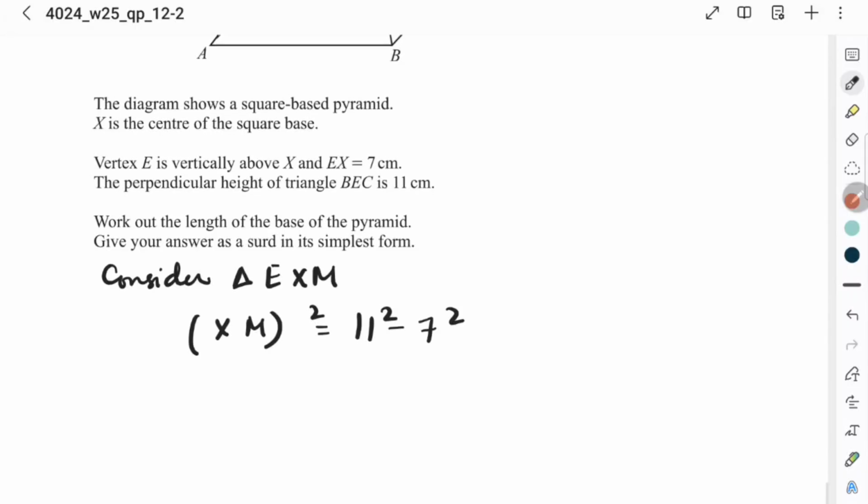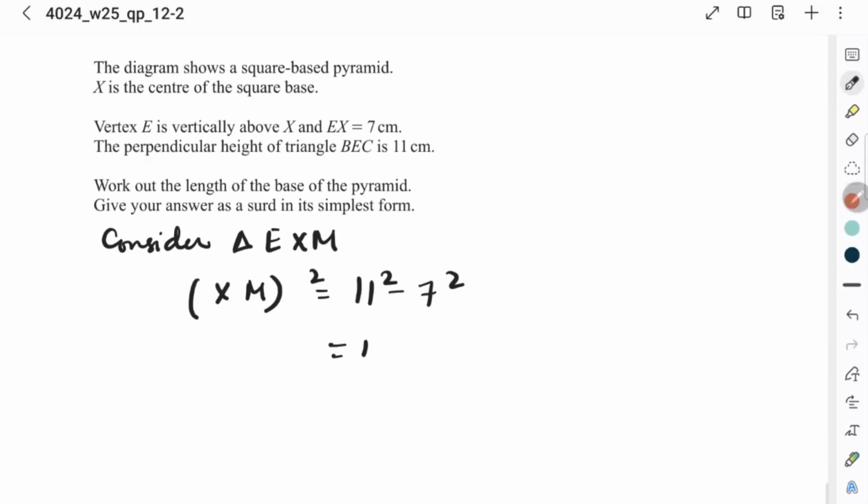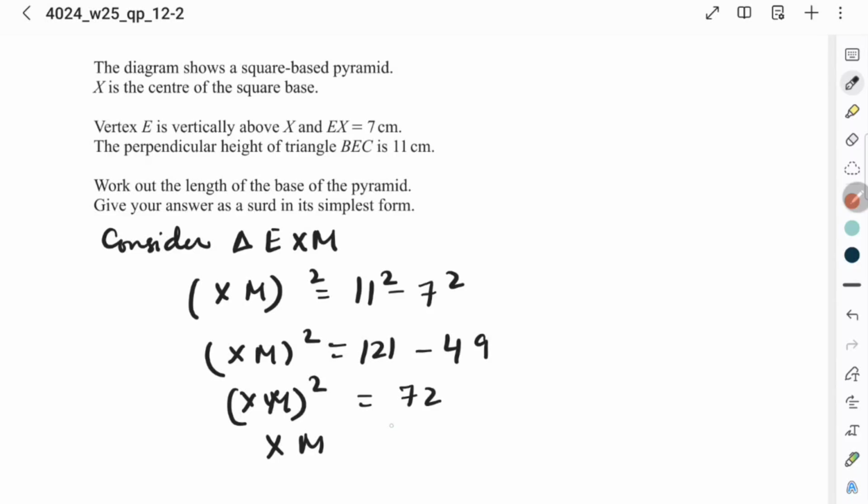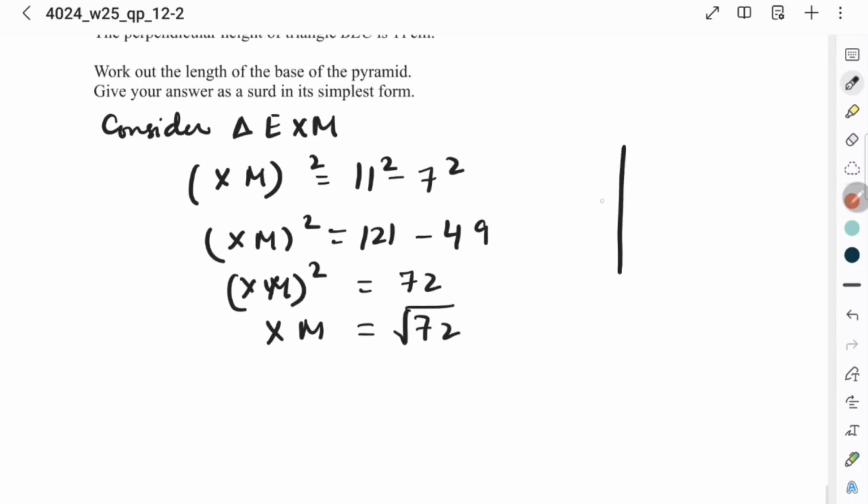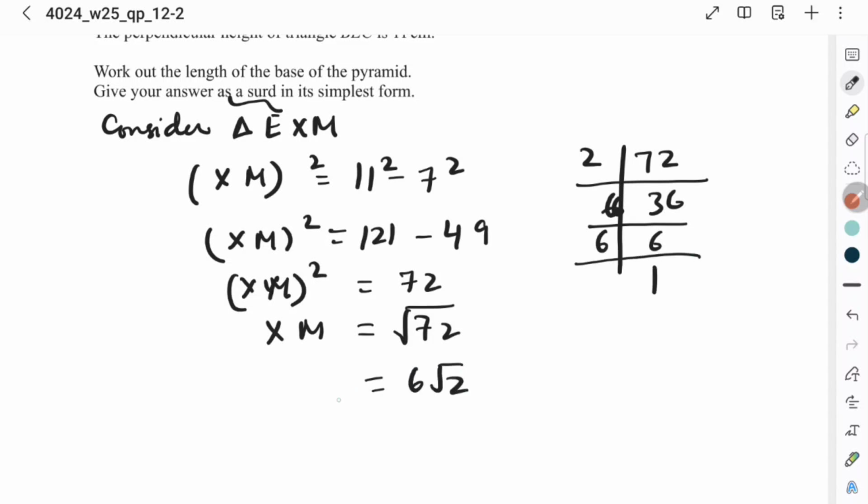So that is equal to 121 − 49, that is equal to 72, and XM is equal to the square root of 72, which we simplify because they're asking us to find it in the surd form. 2 times 36, and you know that it is 6. So that is equal to 6√2.